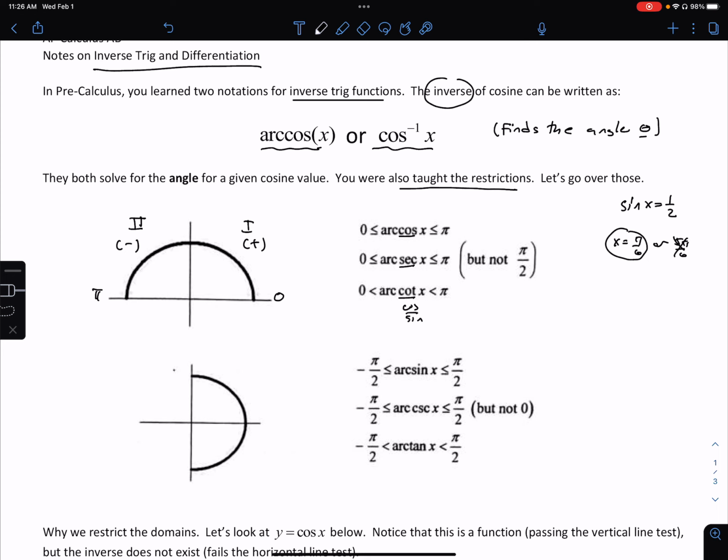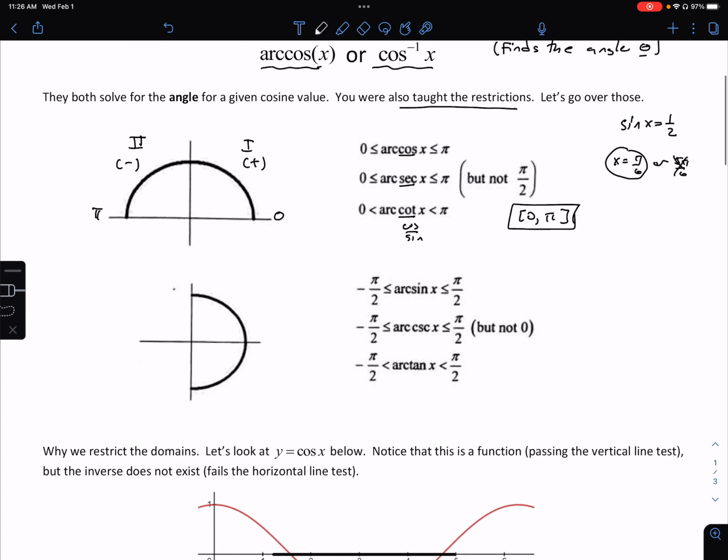So the restriction for cosine is just going to be 0 to pi. There's our restrictions. Sine, be careful, we look at the first and the fourth quadrant. In the first quadrant, sine is positive, and in the fourth quadrant, sine is negative. And again, anything with sine, arc sine, arc cosecant, and arc tangent, which is sine over cosine, so the sine's on top there.